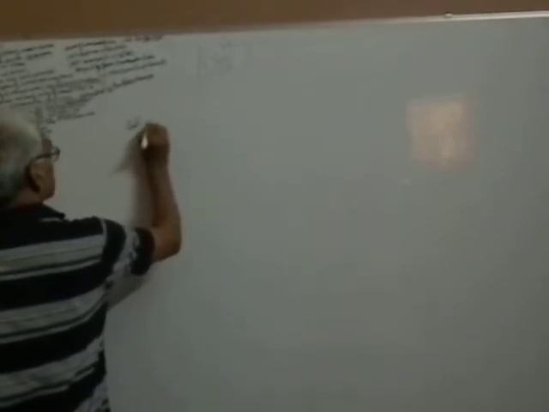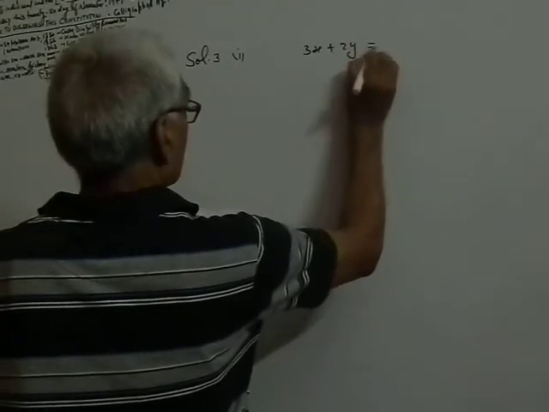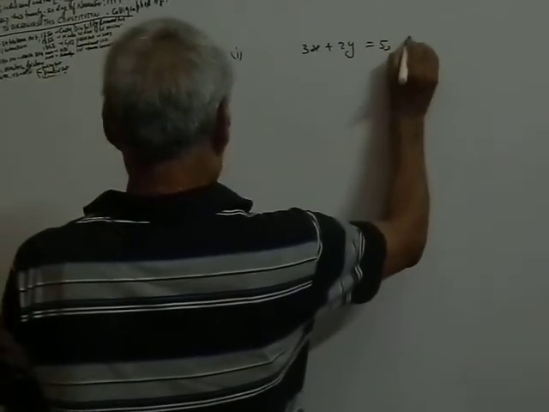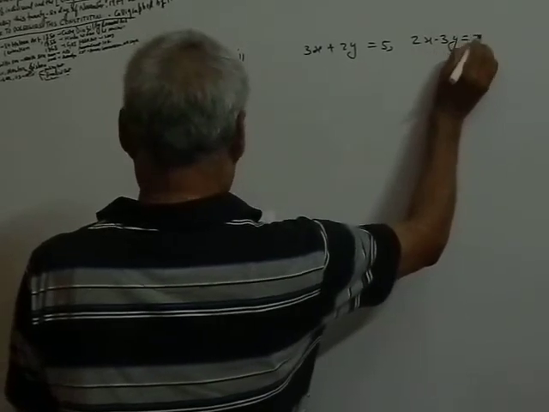So first part. Solution, third, first part. The equation is 3x plus 2y is equal to 5 and 2x minus 3y is equal to 7.